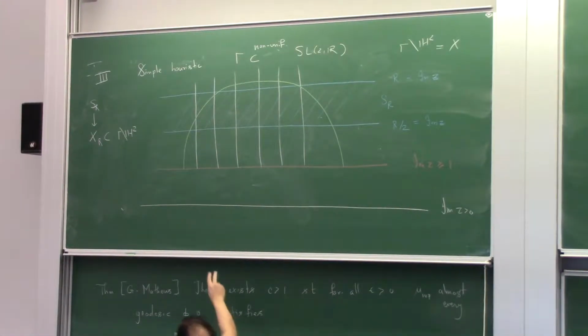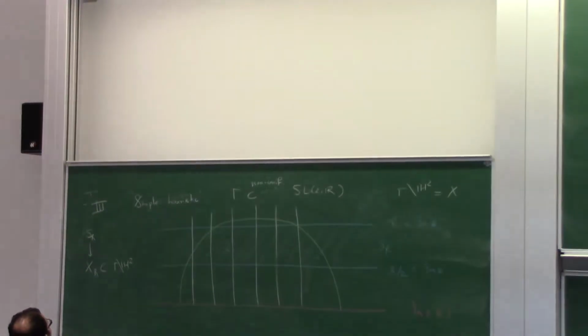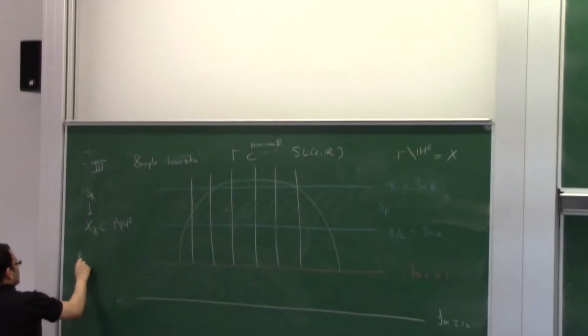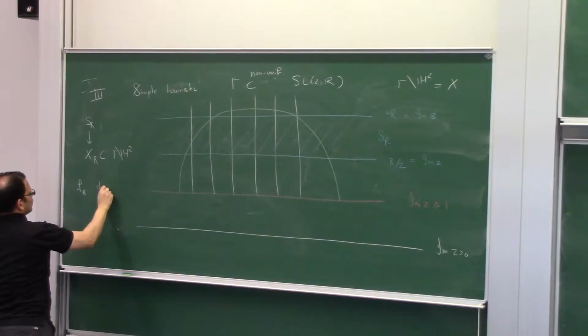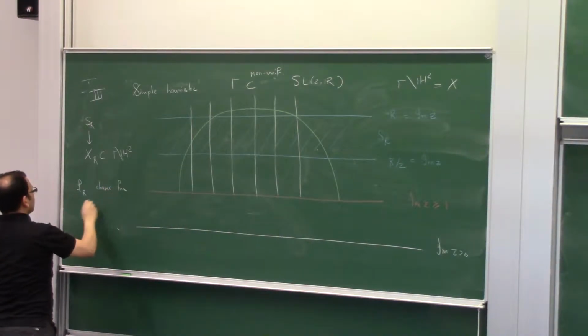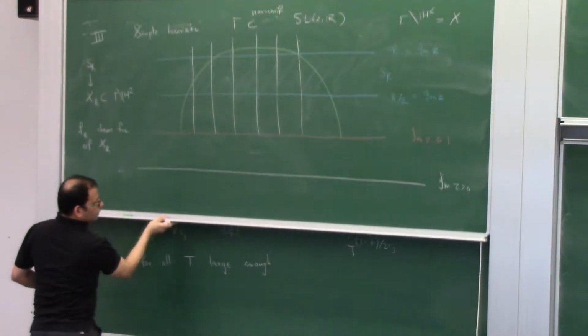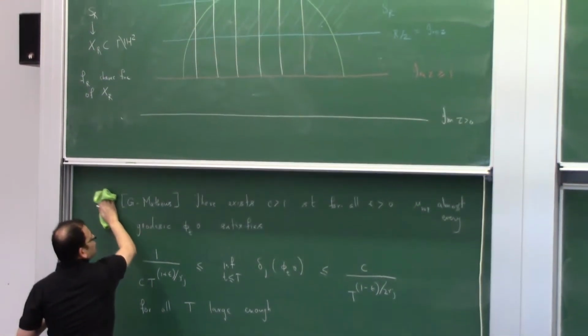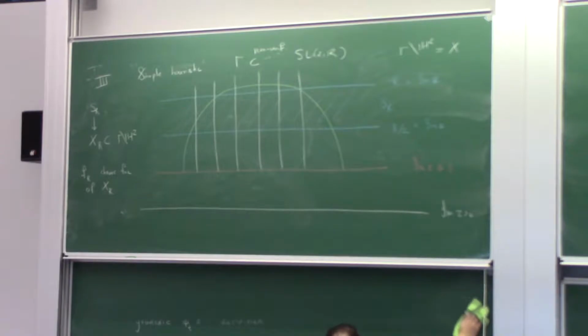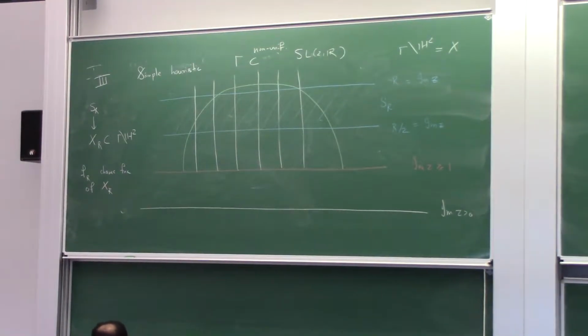So I will take one more notation here. Fr is going to be the characteristic function of XR. So the time spent by a geodesic in the blue region is simply the integral up to time t of Fr.